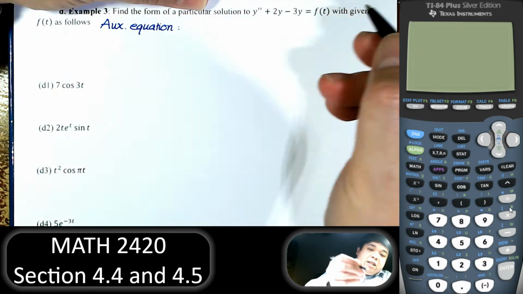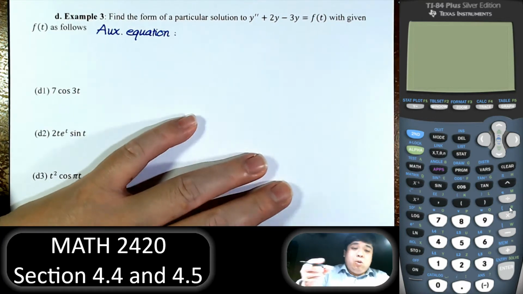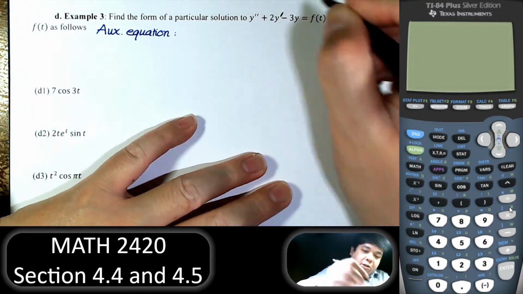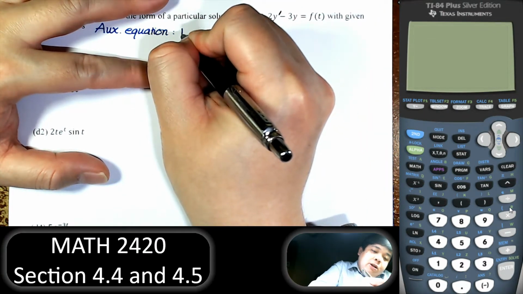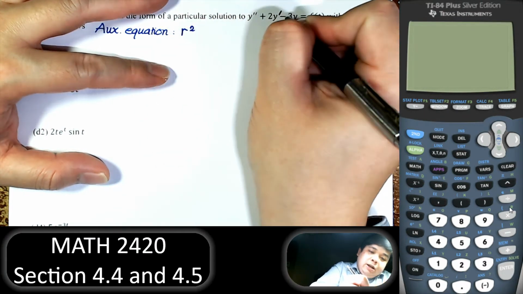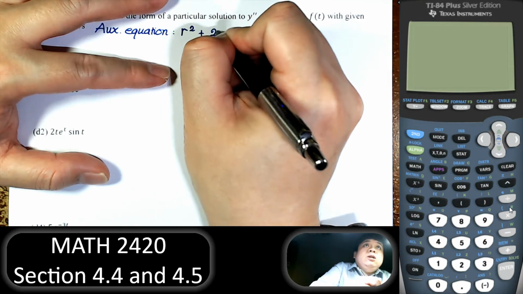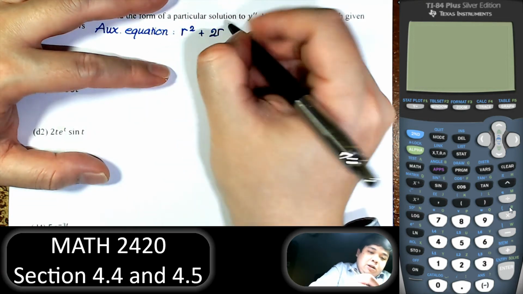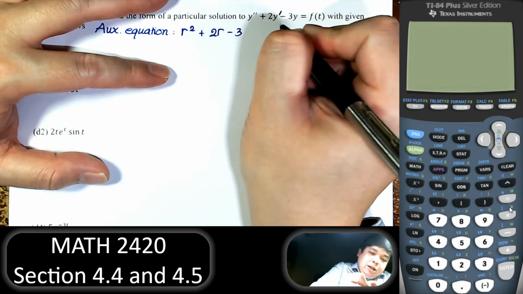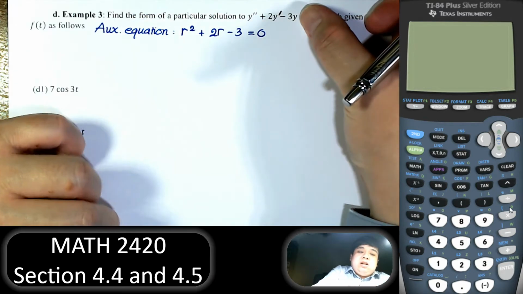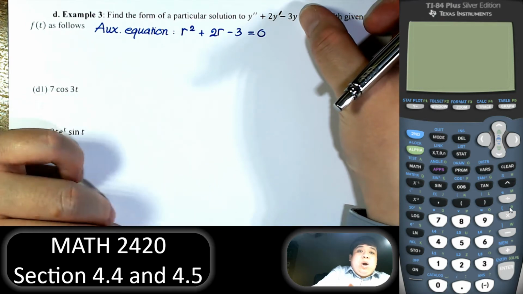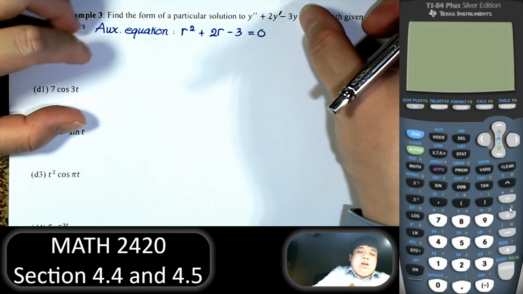So first, of course, to do that we will solve for the auxiliary equation. And for that, of course, there's a typo here. Obviously, this should be the first derivative. r squared plus 2r minus 3 equal to 0. So first we just look at the homogeneous equation, or the auxiliary equation.